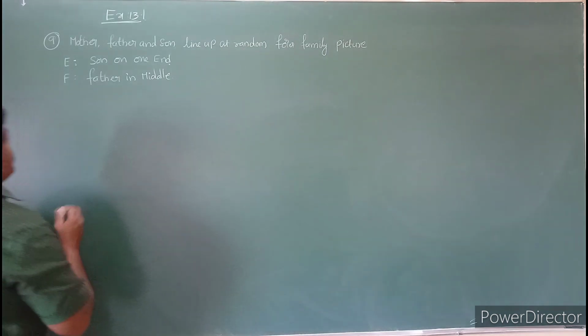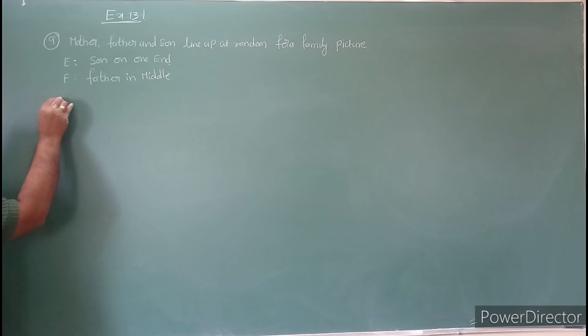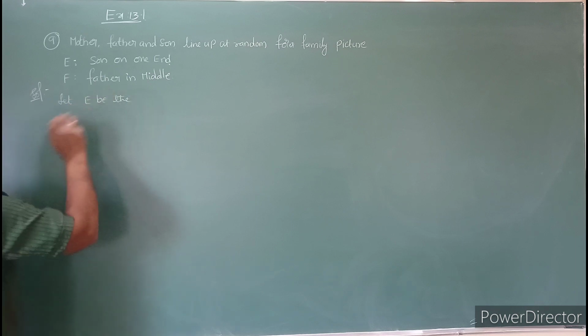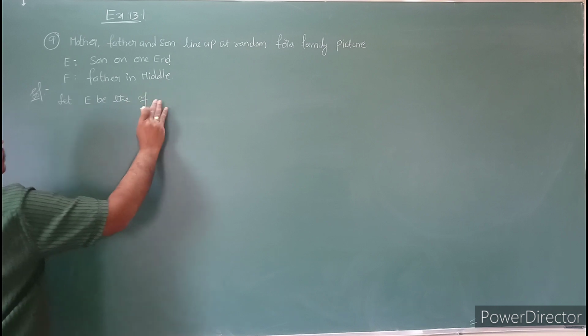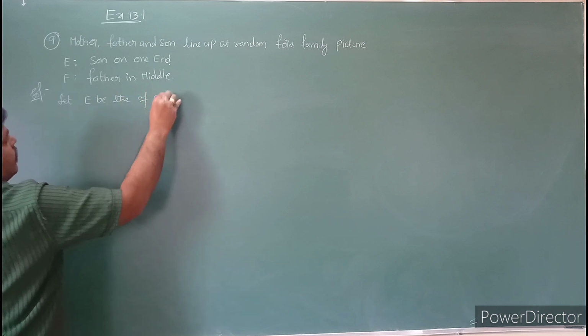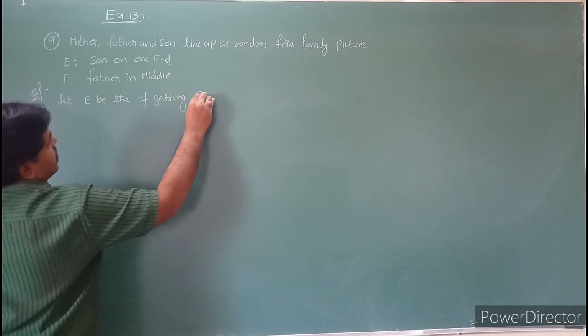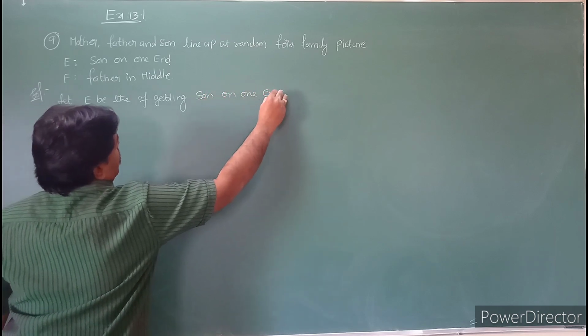So first we have to see this one. Let E be the event of getting son on one end.